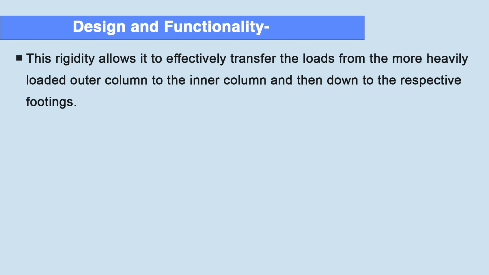This rigidity allows it to effectively transfer the loads from the more heavily loaded outer column to the inner column and then down to the respective footings. By doing so, the system ensures that the pressure distribution beneath each footing remains uniform and consistent, which is crucial for maintaining the stability of the entire foundation.